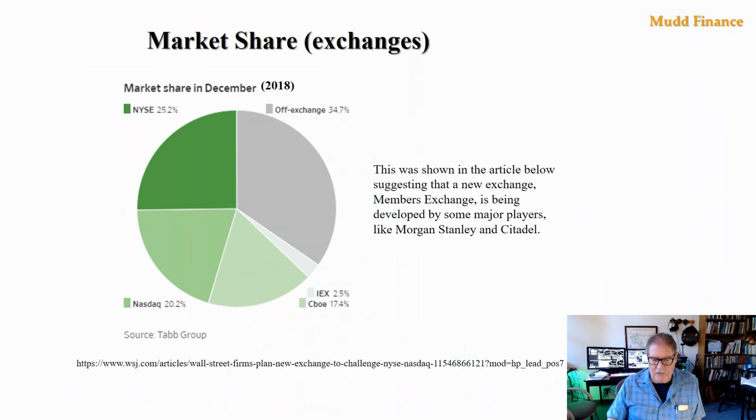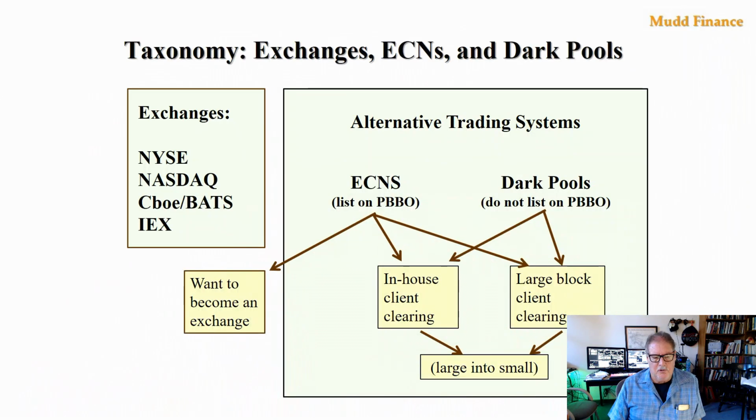Now, as we start to look at this structurally, we have the exchanges, like we said, that are easy to understand: the New York Stock Exchange and Nasdaq, and the CBOE BATS Exchange and IEX, and we saw the share that they each have. But according to the law, ECNs are allowed to trade so long as they comply with the regulations we discussed in the opening of the lecture.